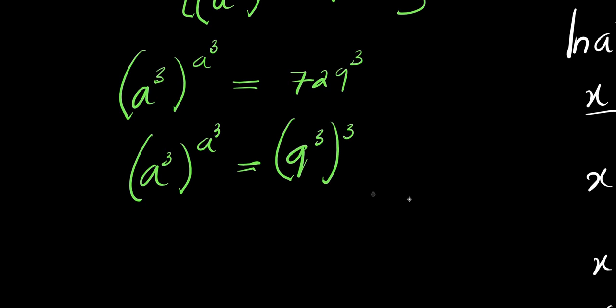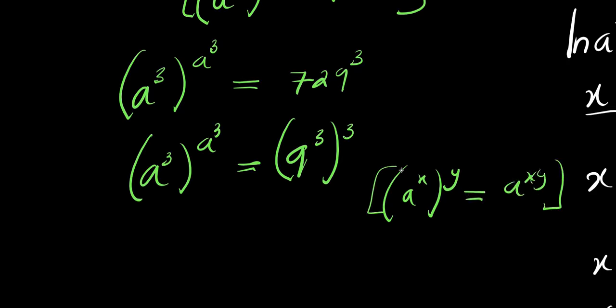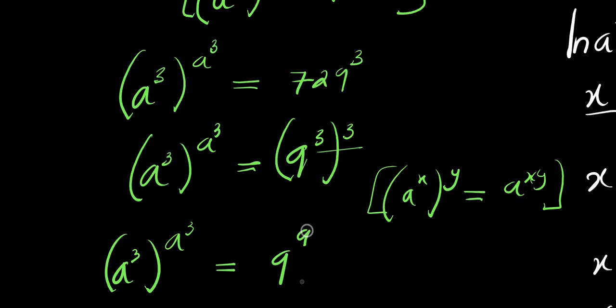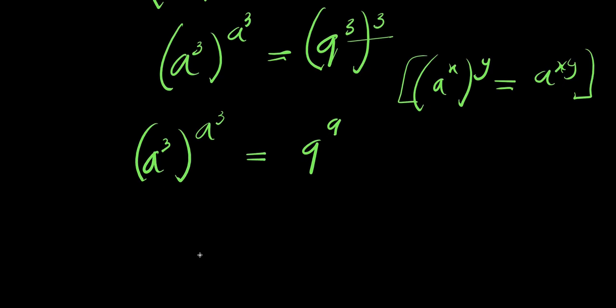So from here, if you have a power x to the power of y, this equals a power x times y. So from here we have a power 3 to the power of a power 3 equals 9 power 3 times 3, that's 9. So from here we have a power 3 equals 9.